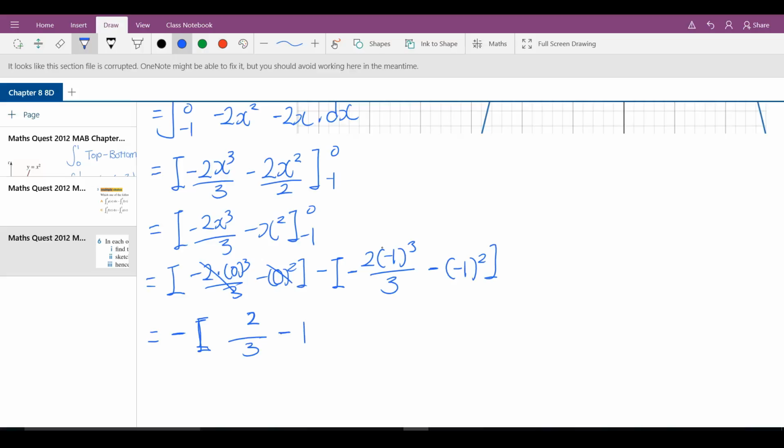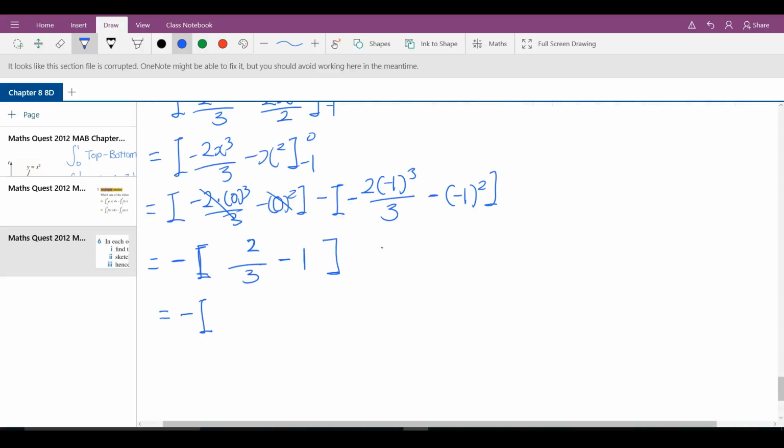So it's minus 1. All right, so that gives us, now 2/3 minus 1 is, hopefully you all know, negative 1/3. Wow, such a discovery. All right, so negative becomes positive, so the answer is 1/3.